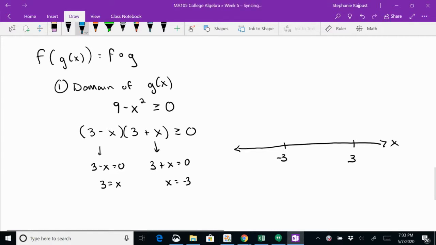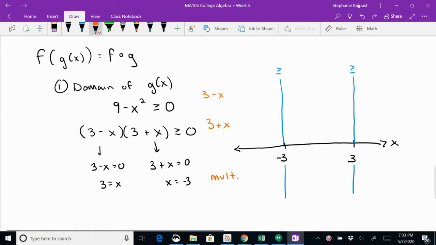Now, this is greater than or equal to, so I can include my 0. I'm going to draw solid lines here because it's greater than or equal to, so those zeros are included. I'm going to take my 3 minus x, my 3 plus x, and then we're looking for the multiplication here. I want to plug numbers in each of these intervals.